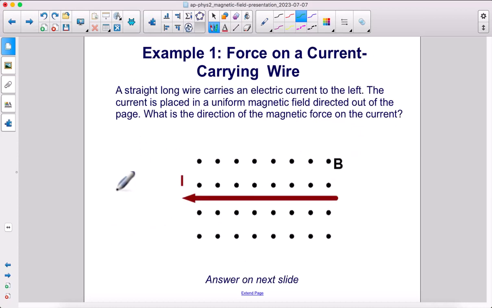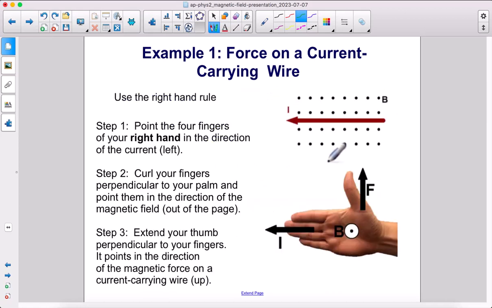A straight long wire carries an electric current to the left. The current is placed in a uniform magnetic field directed out of the page. What is the direction of the magnetic force on the current? Or you could think of it as being on the wire. Once again, we use the right-hand rule.